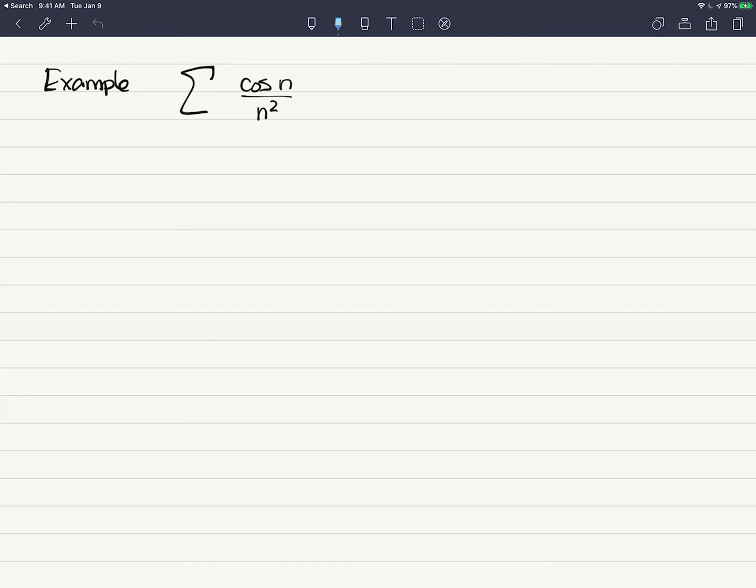I do not have a way to write the cosine n over n like a nice formula to say they're alternating like negative 1 to the power of n. I do not know that, right?